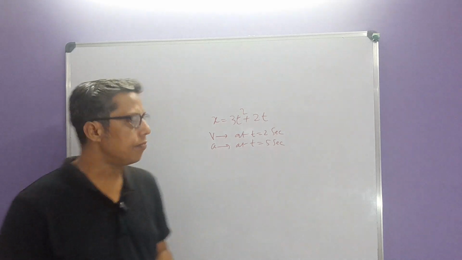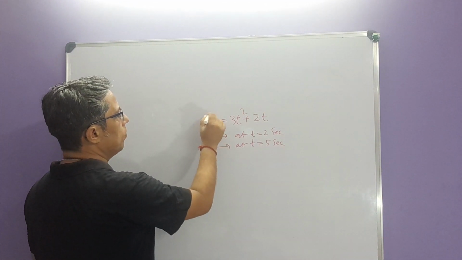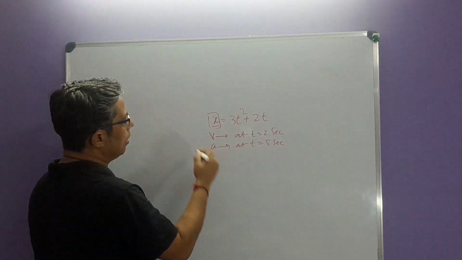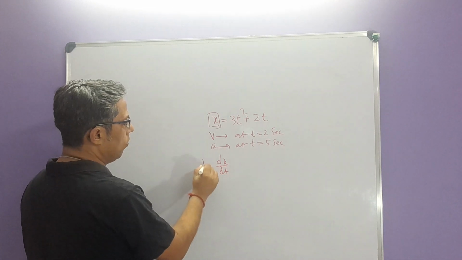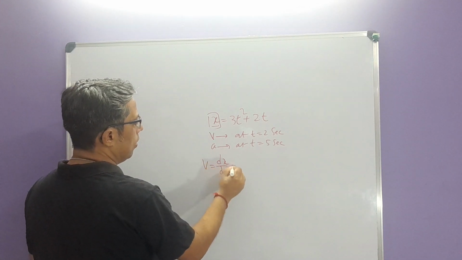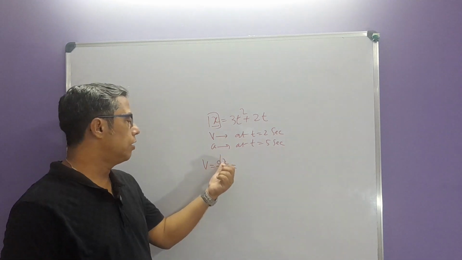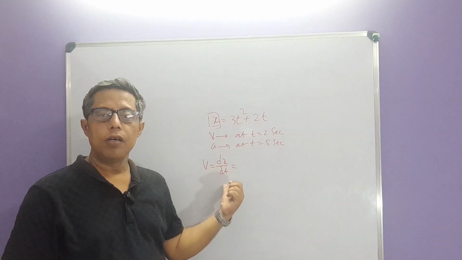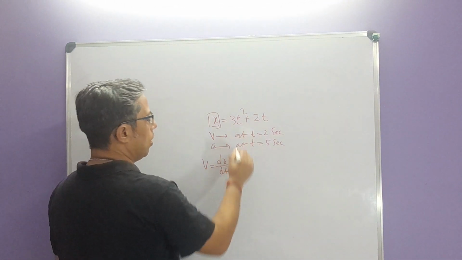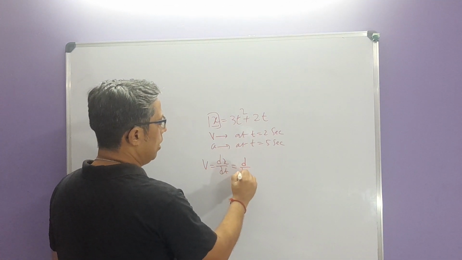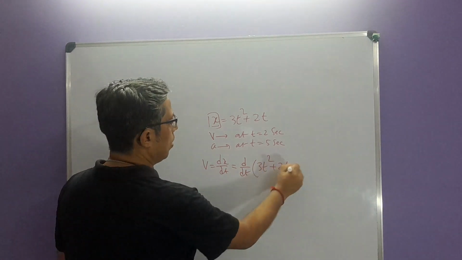I will just do the differentiation of this, right? So velocity is dx/dt, the small change in displacement with small change in time, the rate of change of displacement. So here it will be d/dt of 3t square plus 2t.